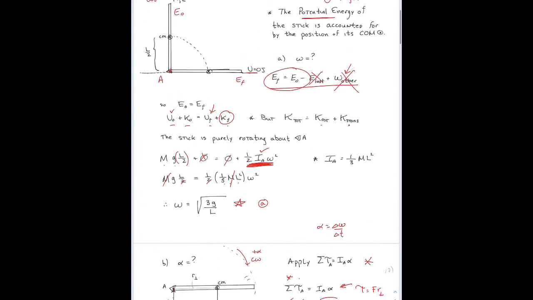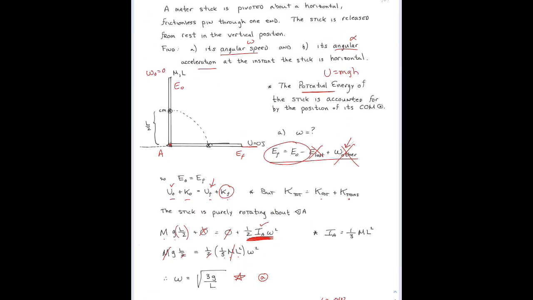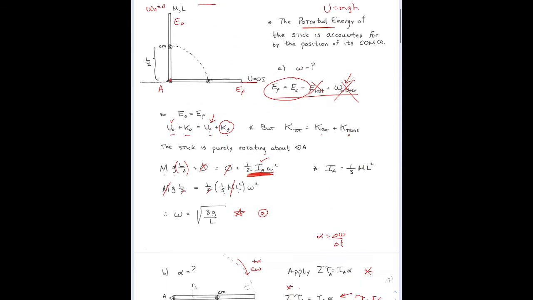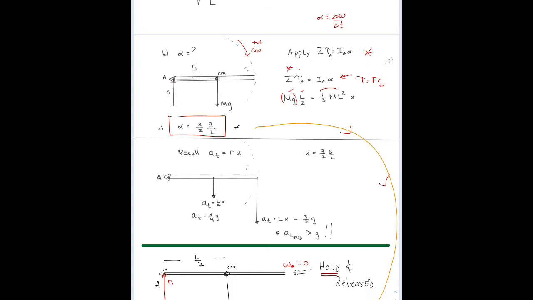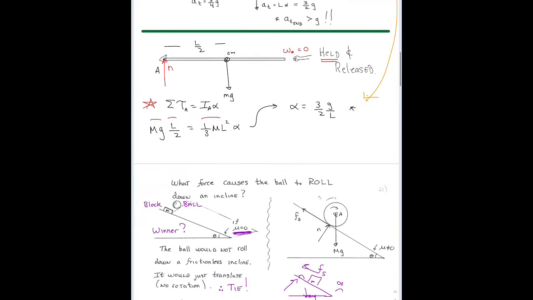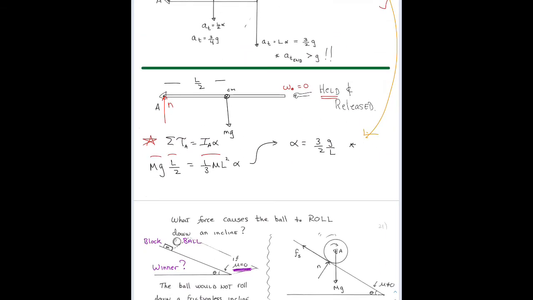The geometry looks different: this stick is going from the vertical, moving past the horizontal, while this stick starts out at rest and I'm releasing it, and the alpha is the same.